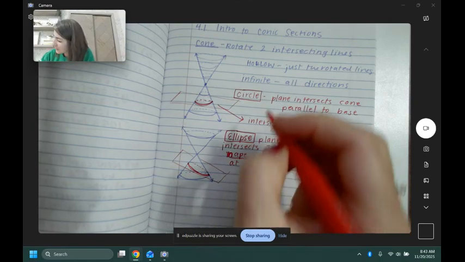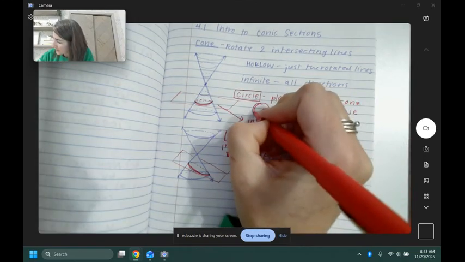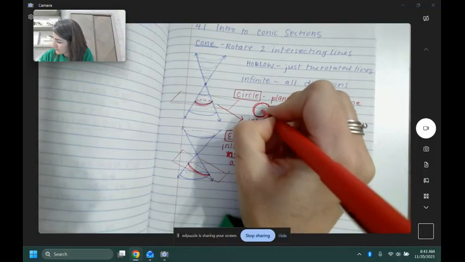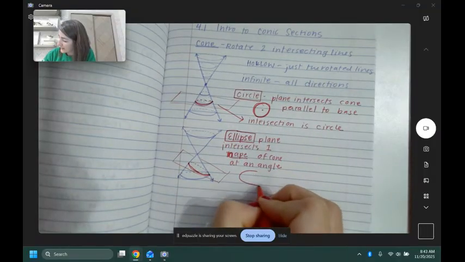My circle looks like this, right? Your ellipse is going to look like this.